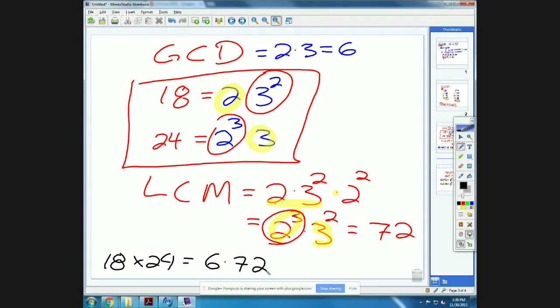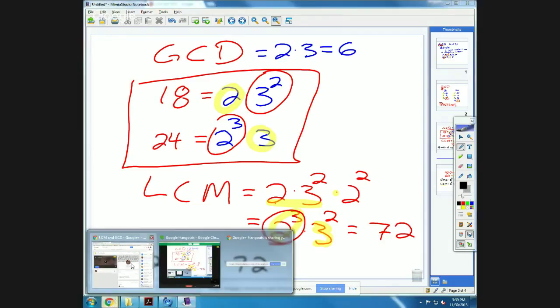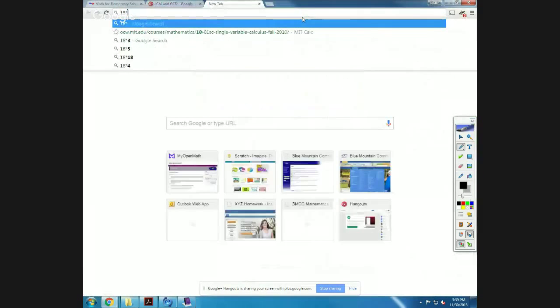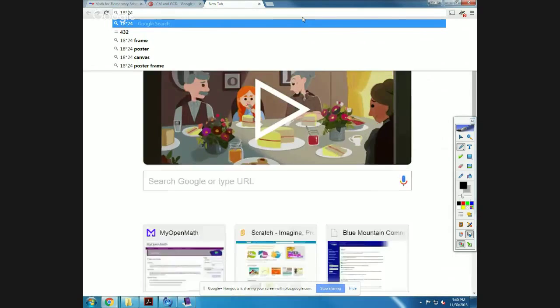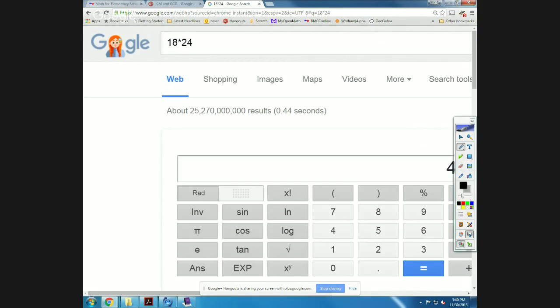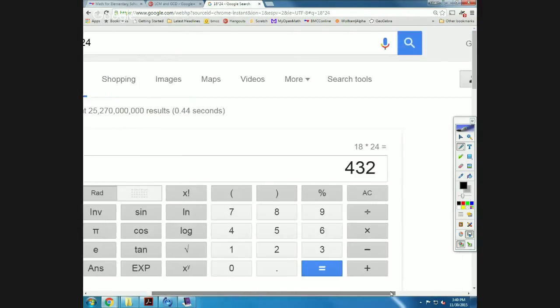What is 18 times 24? What is 6 times 72? I'm going to use my Google calculator. 18 times 24. Google says 432. And if I take 6 times 72, I should get the same thing. 432, sorry, I read that totally wrong.